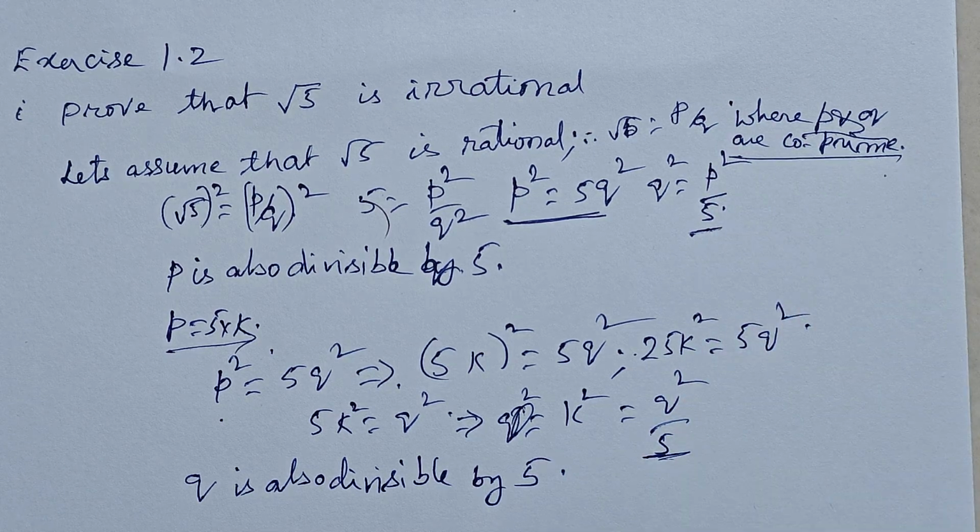What does it mean? It means they do not have anything in common which can exist in both p and q. But here you are saying p is divisible by 5, q is divisible by 5. That means they have a factor called 5 times something and 5 times something. P we already got as 5 times k, and q is something like 5 times something else.